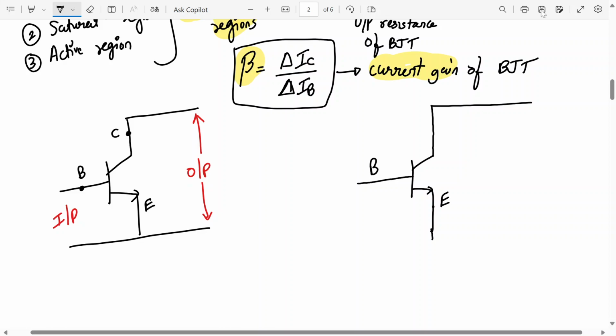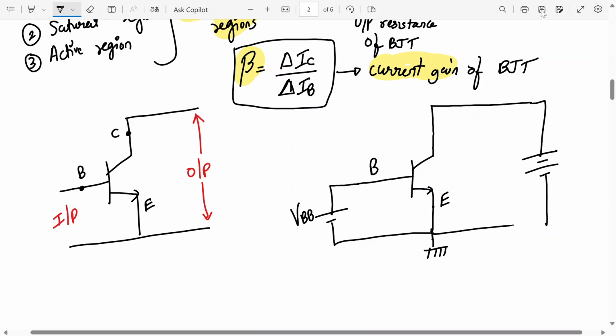Now this is how we connect the power supply, like this. This we can connect to ground. So this is your VBE, or we can call it VBB. Let me call it VBB. And here we have VCC. ऐसे भी बना सकते हो.